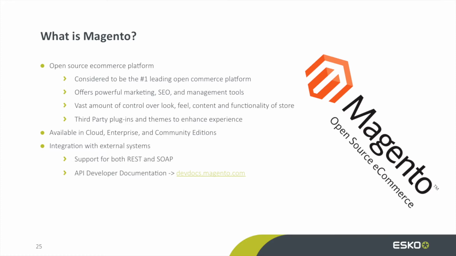They have a third-party plugin app store as well. You can get it in Cloud, Enterprise, and Community editions, and then you can integrate it with external systems, and it supports both REST and SOAP, and there's an API developer documentation page as well. So once again, we're going to use REST as our communication type.